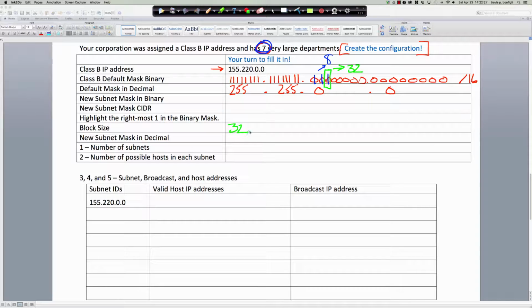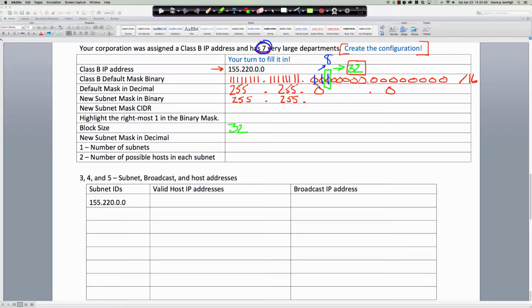So literally, at this point, I could stop and sort out every value that's going to be in these subnet ID fields. But let's work through here, and we'll get to that in just a second. So hopefully you see that 32 is our block size. That is the rightmost value in the bit position of the last bit we've borrowed for subnetting. So what is my new subnet mask? Well, remember, the new subnet mask would be 255.255.